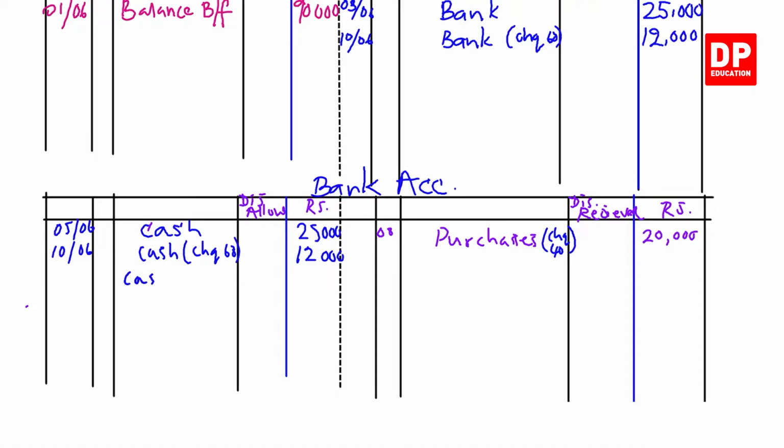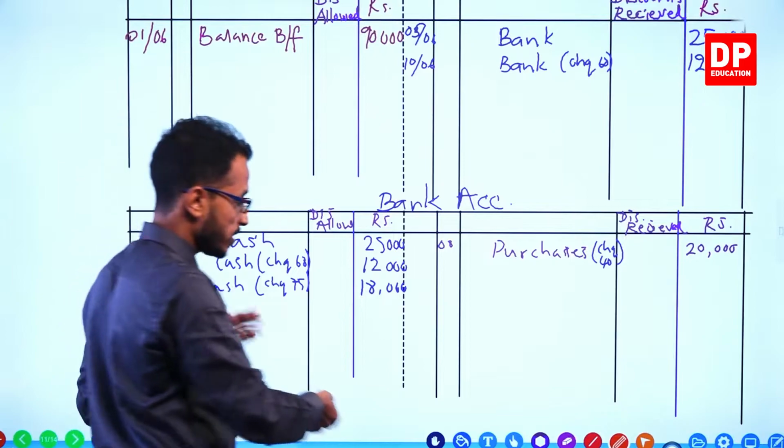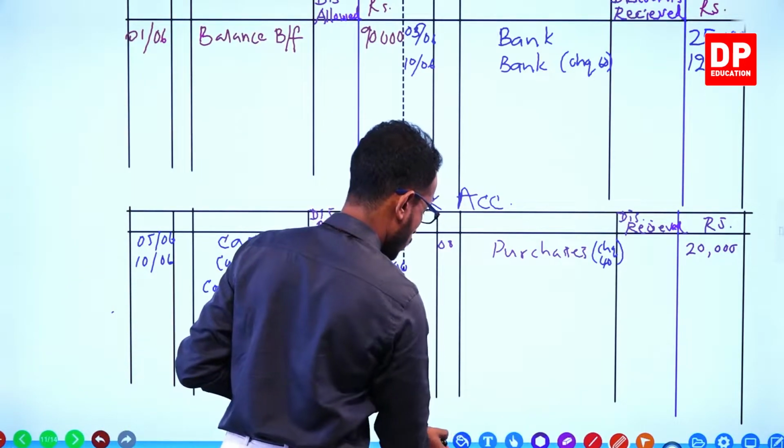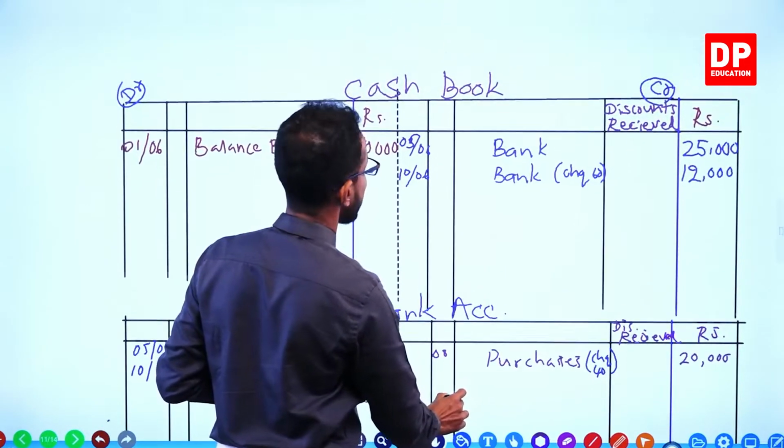Description cash. Check number 75. 18,000. Bank debit. Cash credit.